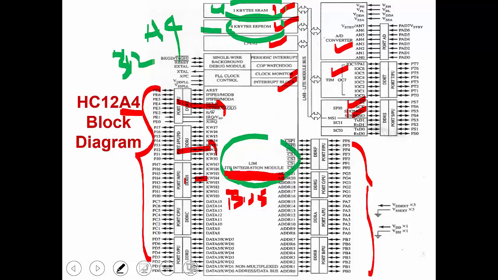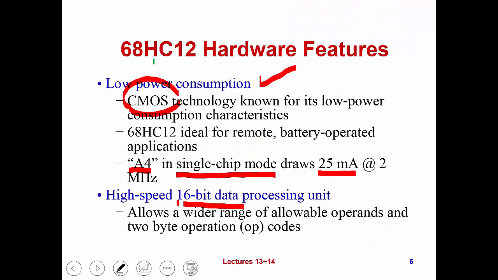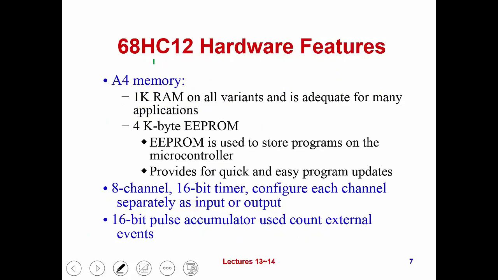That's more than enough. However, the EEPROM for the A4 version is 4K bytes, and for B32 it is 32K bytes. 1K RAM for all variants is adequate for many applications.